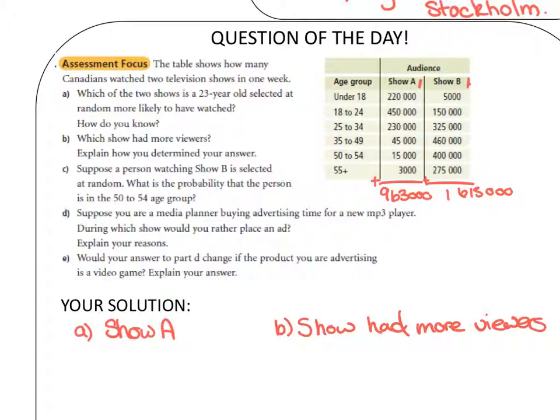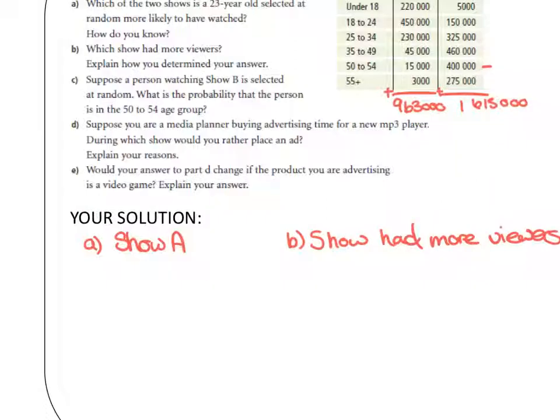Suppose a person watching show B is selected at random. What is the probability that the person is in the 50 to 54 age group? So if we look at the 50 to 54 age group, we get 400,000. And so what you're going to do to show that probability is take that number that are watching in that age group and divide it by the total, just the total of show B. So 400,000 divided by 1,615,000.